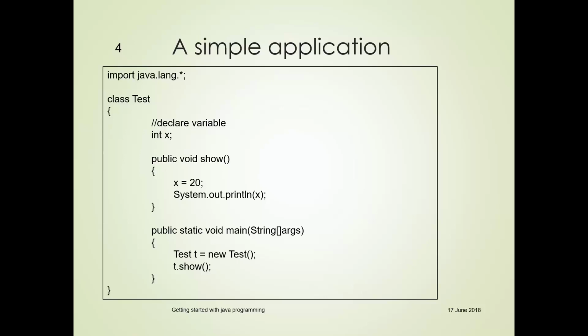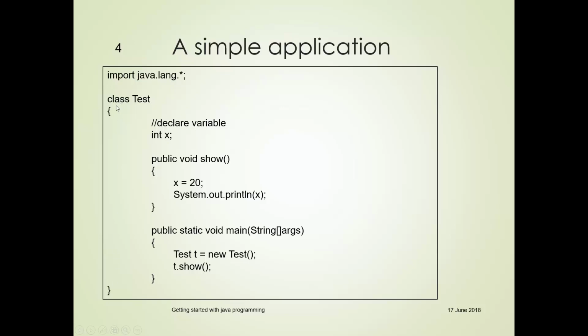Before this class, I can see there's another line written, import java.lang. This import java.lang we call a package. I will come back to this topic later, but for now just understand that this is a package, this is the class, this is the start of the class, and this is the end point of the class.